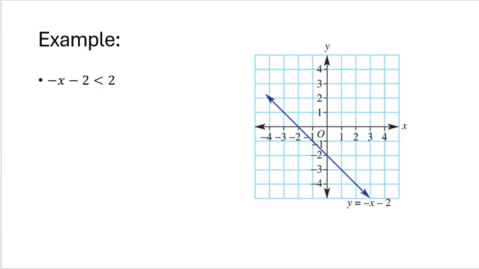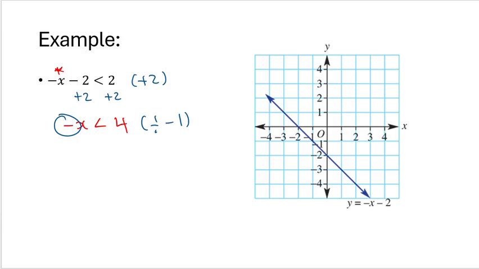I'll do one final example. This is something really important because this is where a lot of people make mistakes. So just be careful and pay attention. If I were to solve this normally, I'm going to add 2 to both sides. So it becomes negative x is less than 4. Now, the final thing here is you need to divide by -1 because you see that negative sign right there?